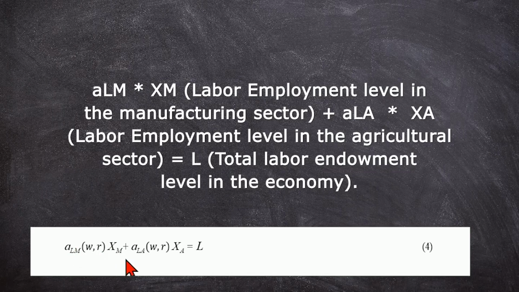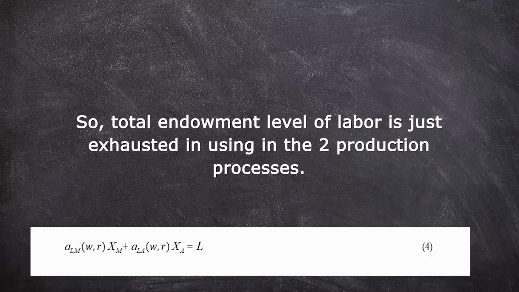ALM into XM denotes the labor employment level in the manufacturing sector plus ALA into XA is the labor employment level in the agricultural sector. This is just equal to L, the total labor endowment level in the economy. So the total endowment level of labor is just exhausted in the two production processes.